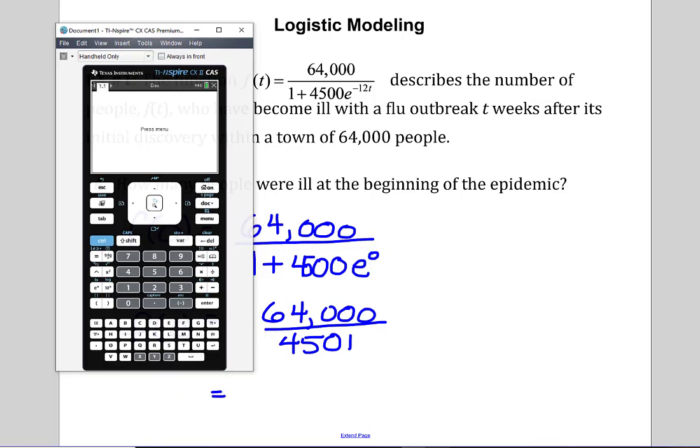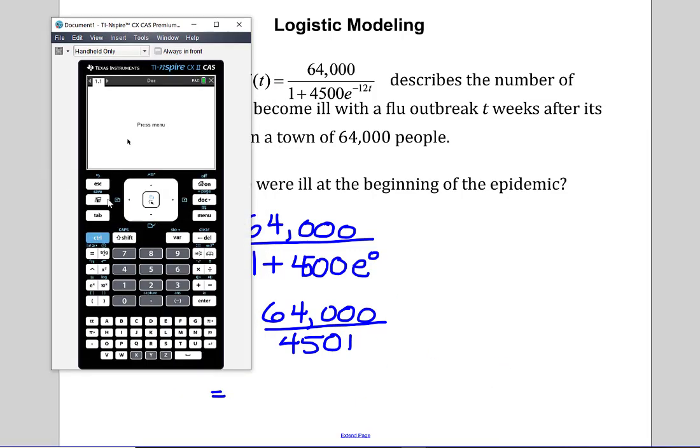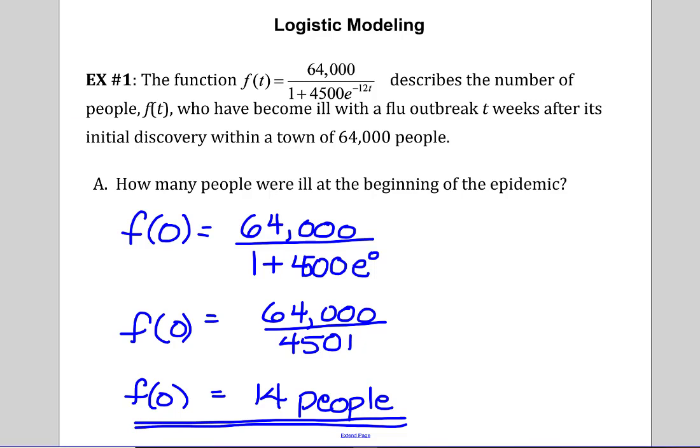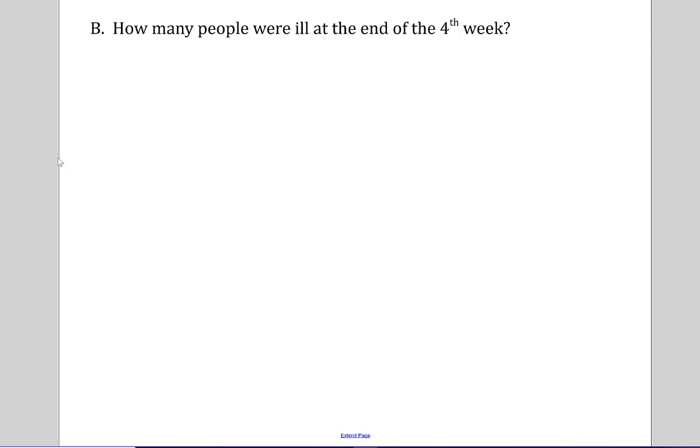So using our calculator, we have 64,000 divided by 4,501, and that's roughly 14 people. So f of 0 is about 14 people initially sick in the town that has 64,000 people. That's at the beginning of the epidemic.